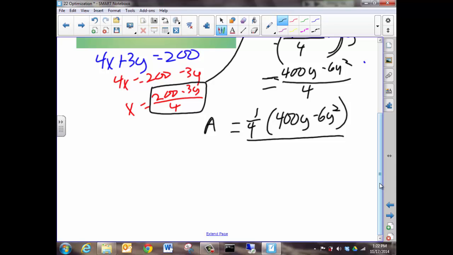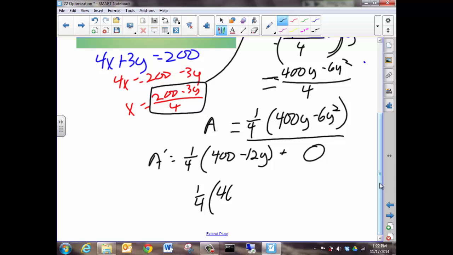Now we've got 1/4 times this thing. So we should be able to take the derivative now by saying first times the derivative of the second, which is 400 minus 12y, plus what are we going to get when we do second times derivative of first? 0. Everybody see that? So suddenly we've got this nice derivative, 1/4 of 400 minus 12y equals 0.